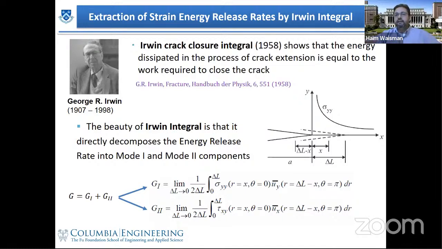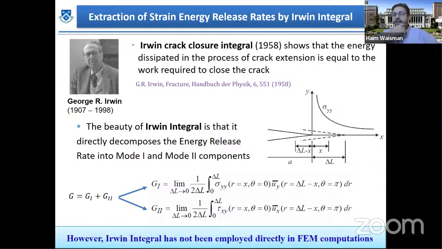However, it's interesting that this Irwin integral has not been employed in calculations before. And the reason is that we need to compute the stresses in this integral, and the stresses should be very close to the crack tip. And so if you are not using special techniques, you will get very bad stress fields ahead of the crack tip, right?